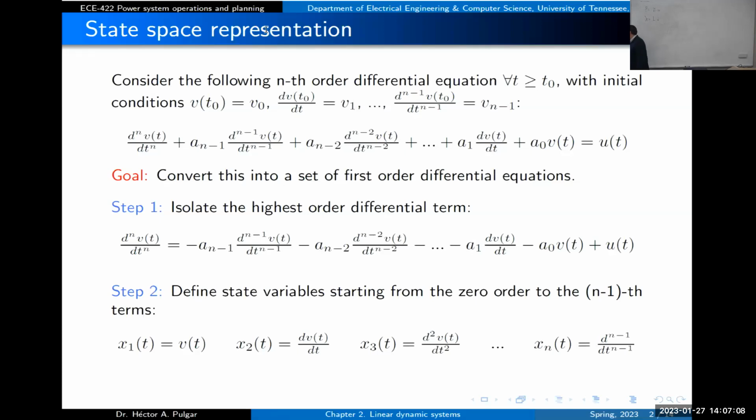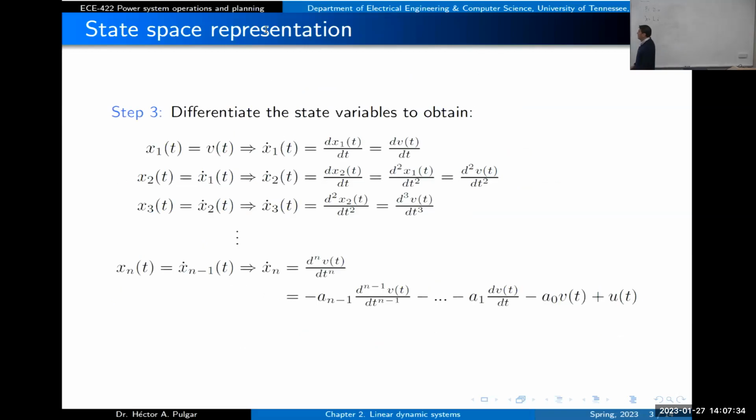But when we arrive at the last expression, we cannot express this in terms of any other state variable. However, we already have that definition, which comes from the single differential equation we have at the beginning. So when we come to this last derivative, we need to replace all of these into the last equation we obtained.